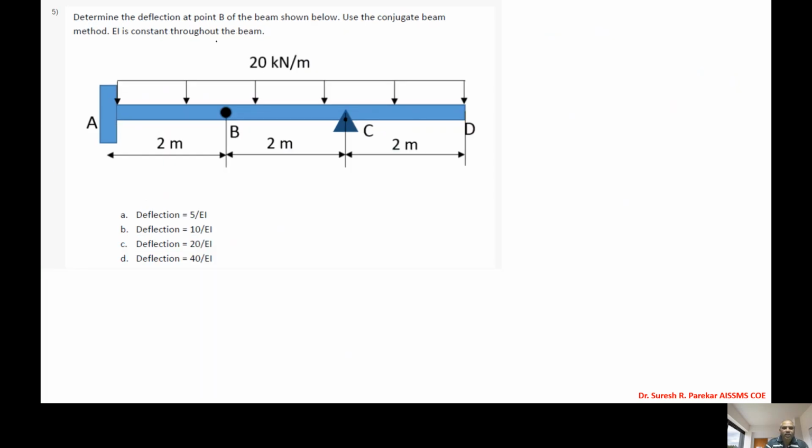Determine the deflection at point B of the beam shown below. Use conjugate beam method. Now first we will find the reaction at C, that is RC.